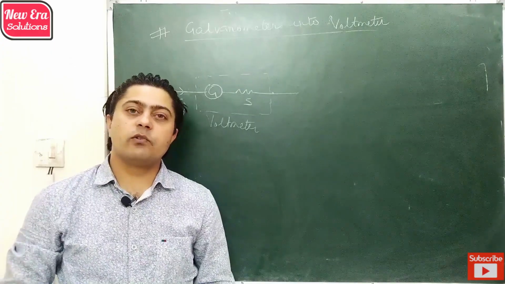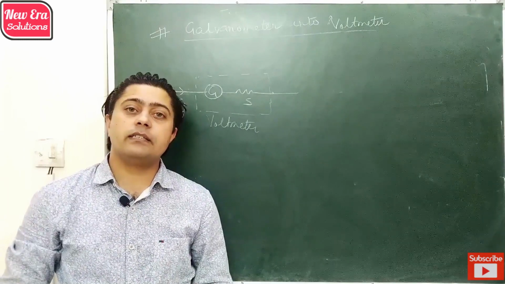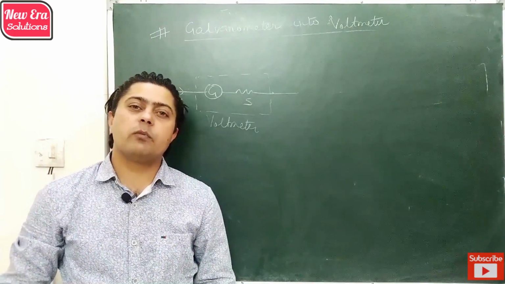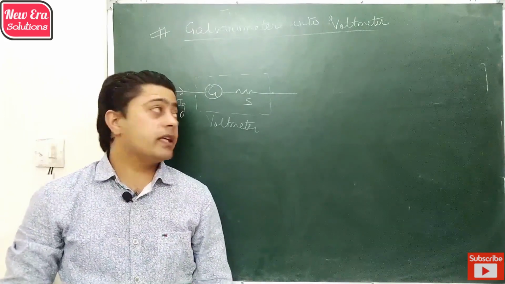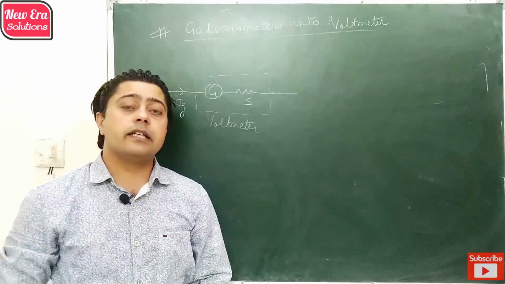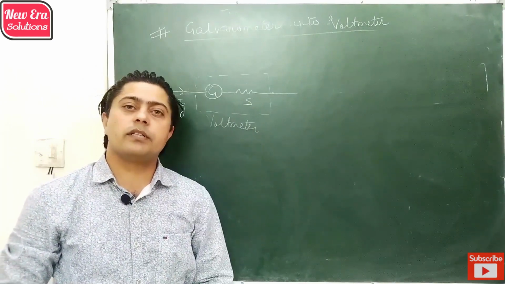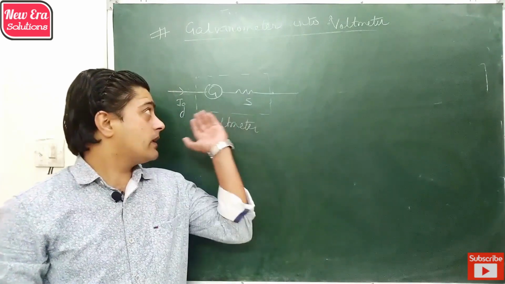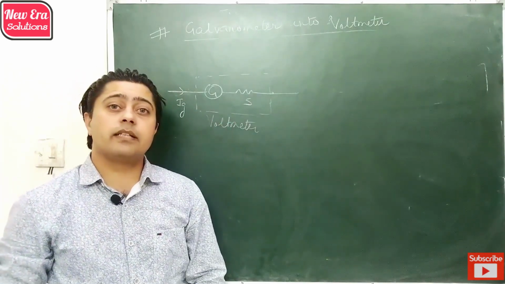A voltmeter is a device which we use to measure the potential difference, and it has high resistance. So to convert a galvanometer into a voltmeter, we can connect a very high resistance shunt in series with it, because we know in a series combination, by connecting the shunt, the resistance will increase. But in a series combination, the current will remain the same.